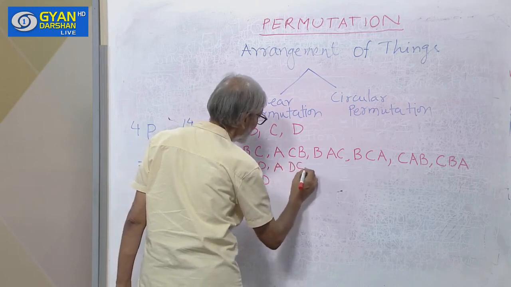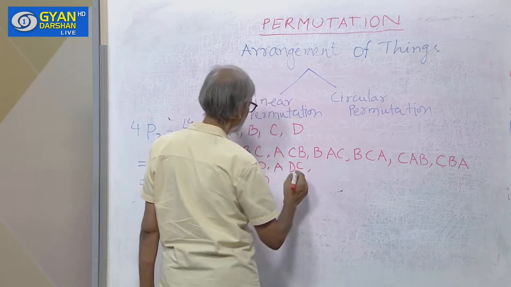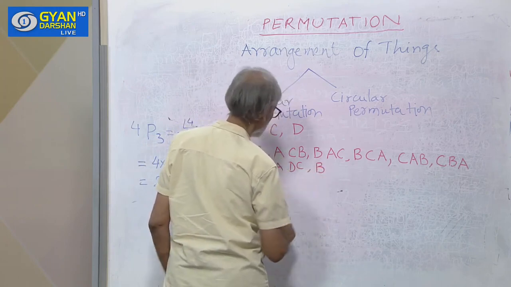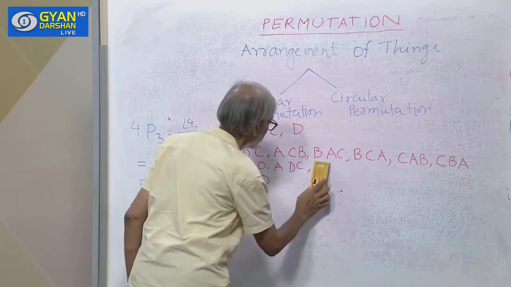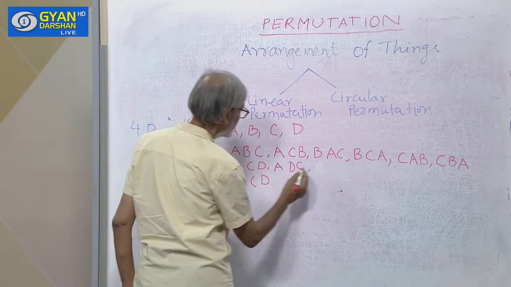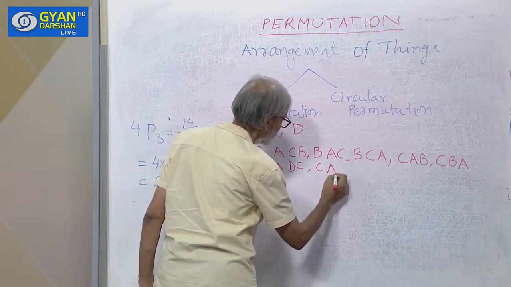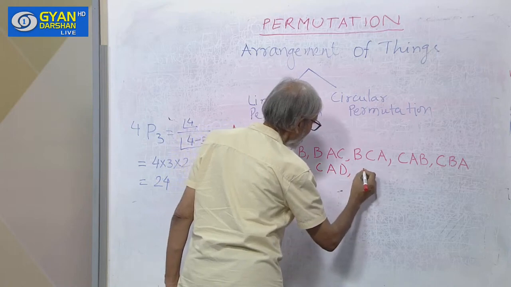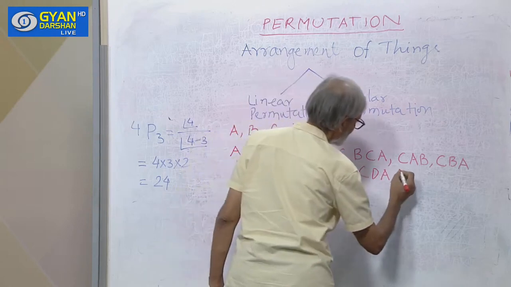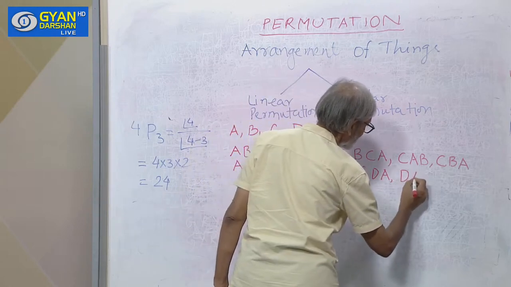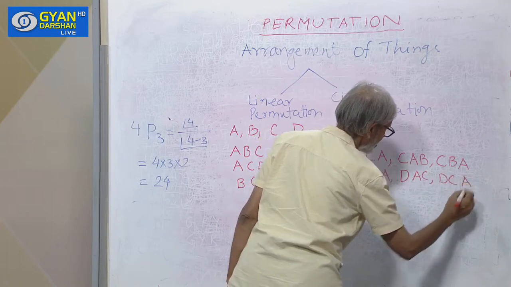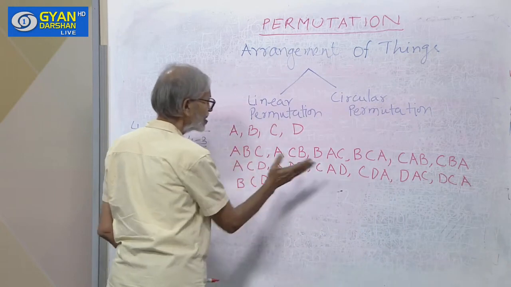A, C, D. Sorry, B is not here. We have A, C, D, then C, A, D, and then C, D, A, then D, A, C, and D, C, A. These will be another 6.